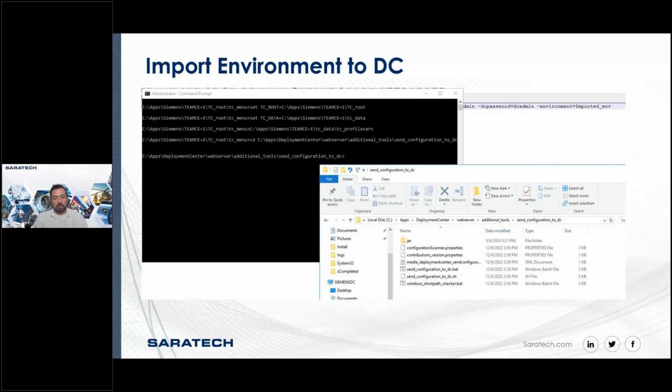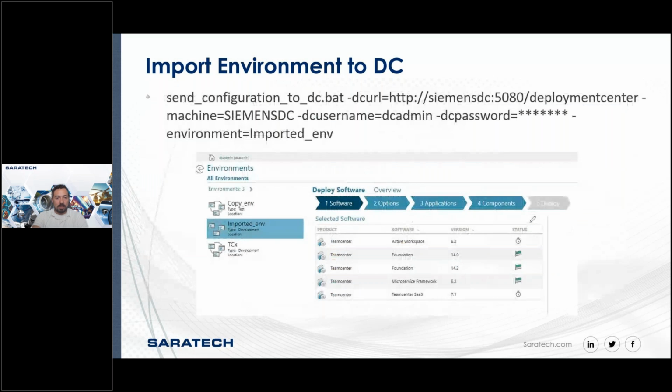The way that it works is this is an example of what I was talking about. This is just deployment DC. This is using the same command that I just talked to you about. You have to do D curl after that and put your deployment center specific URL, the machine name that you're going to give that specific environment.